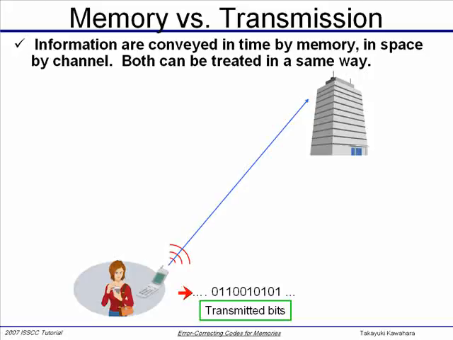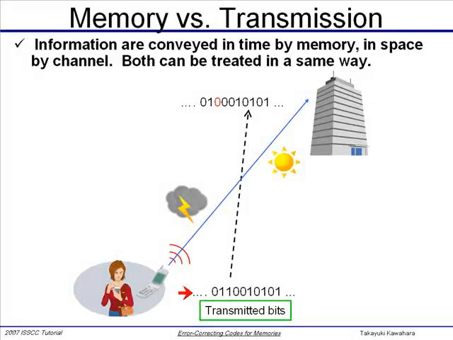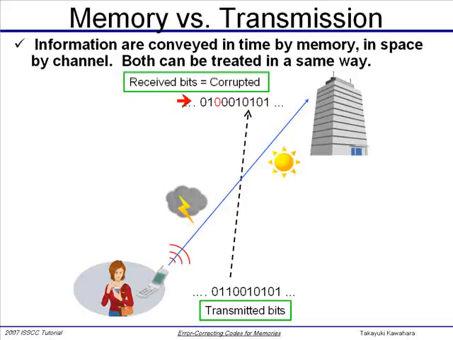But when the information travels through the air, there will be very severe, wild conditions. So her information travels, but for example, the received data is 010101. Therefore, the received data is corrupted. That is the situation in transmission.